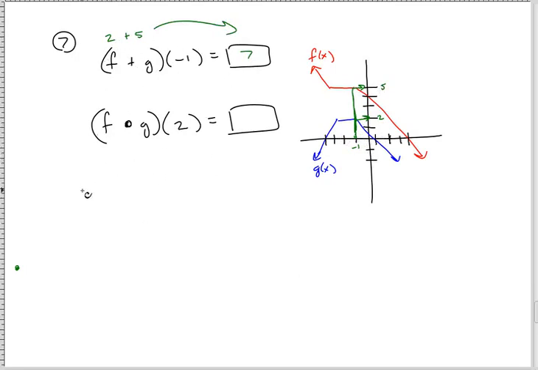Now the f of g is a little different, because it looks kind of like that. Well, not of x. Technically, it's of 2. And so this is technically what that looks like here. What I'm going to do is start replacing things that I know. I'm going to try to find first, what is g of 2? So I'm looking at the graph, and 2 is right here, and I want to find out what's the height there.